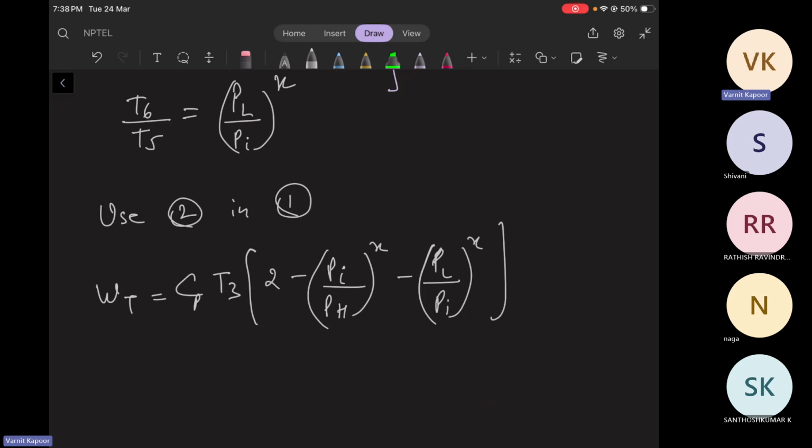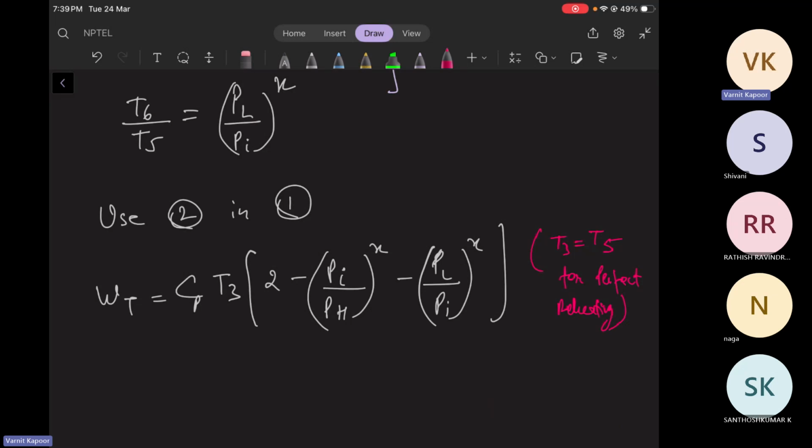And for perfect reheating, we are saying that T3 is equal to T5.